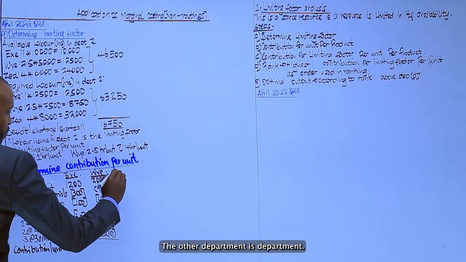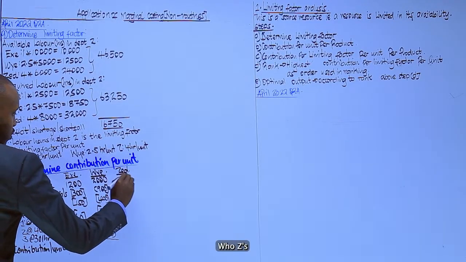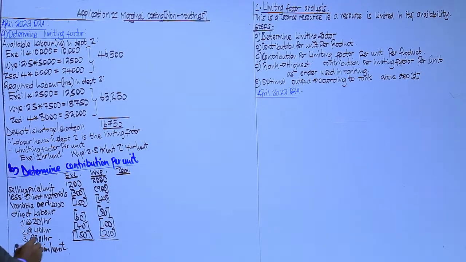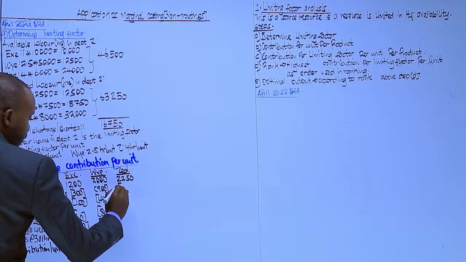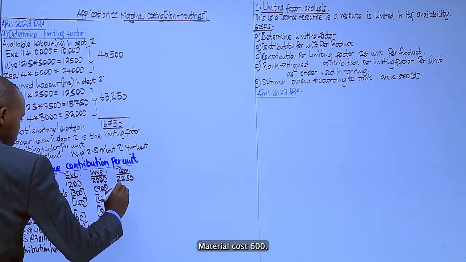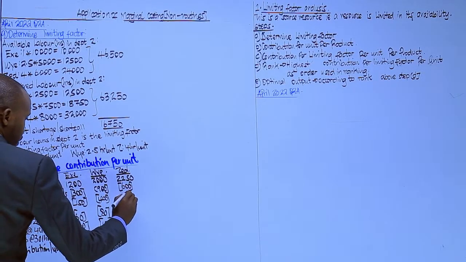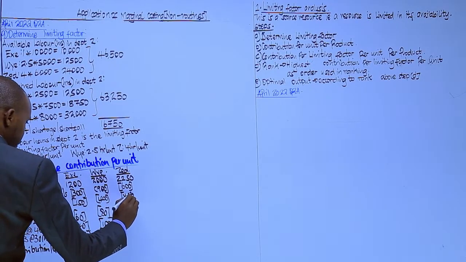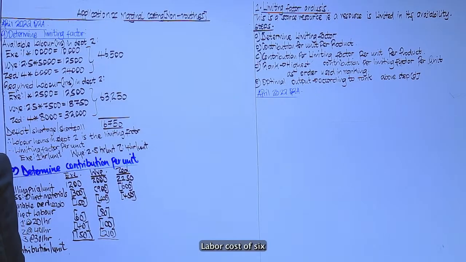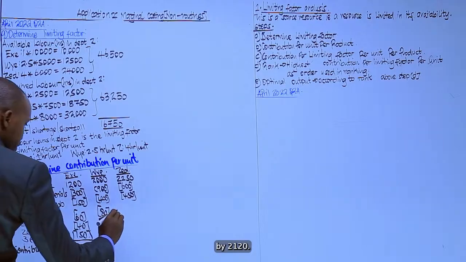The other product is Product Z. Your selling price 2250. Material cost 600. Variable overhead cost 450. Labor cost of 6 by 20, 120.